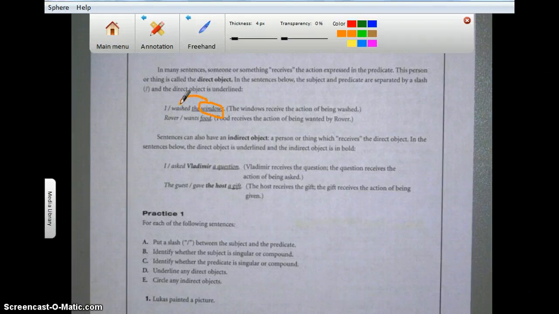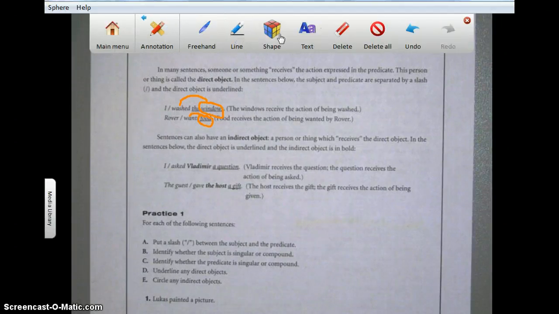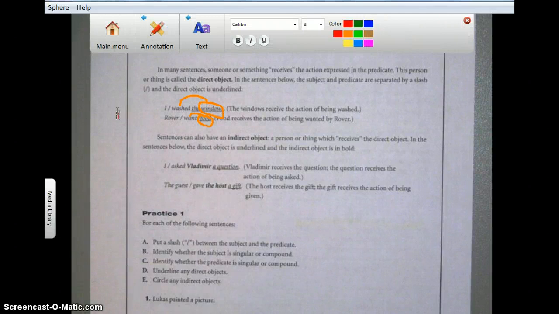That connects to the verb, so windows will be your object. Rover wants food. Food is the object. It connects to wants. What is wanted? So you're asking yourself the question, what is washed? What is wanted? And that gives you your object.